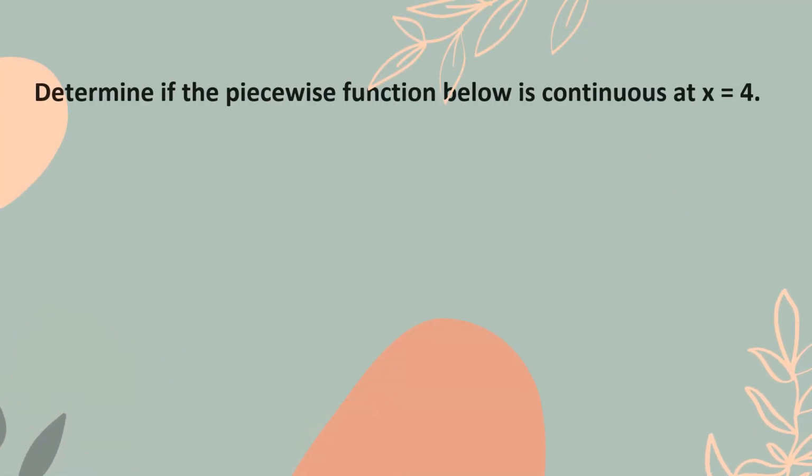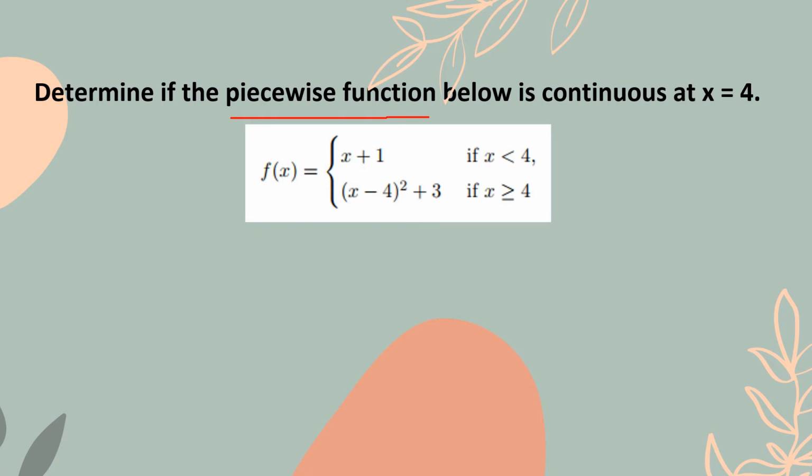Naapa mo, no? So we have one example. This time around, we'll talk about piecewise function. So we have a piecewise function. Again, a piecewise function is composed of a function and a condition.